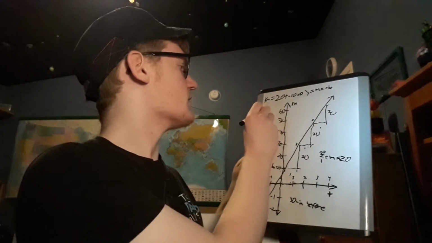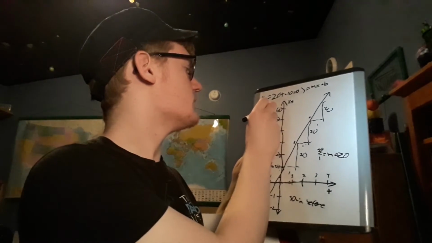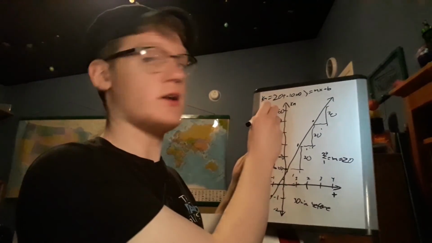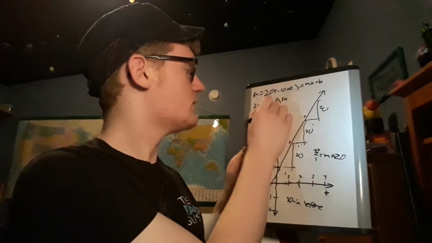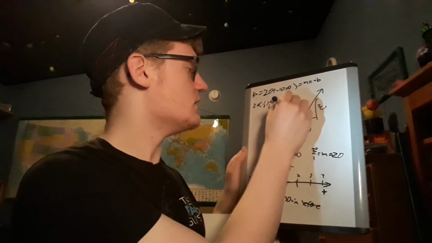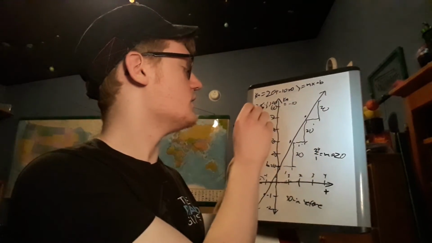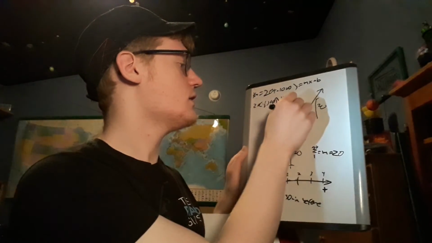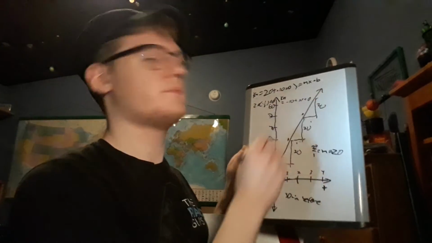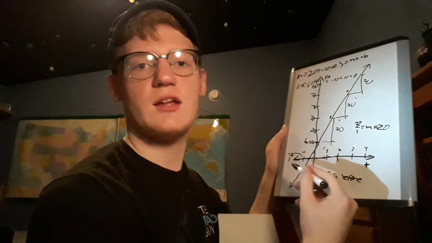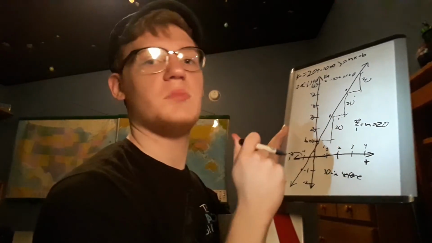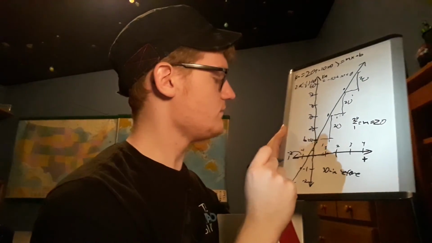So we can plug this in: 20 times negative half an hour ago, that's why the negative is there, plus 10 equals 0. Negative 1/2 of 20 is negative 10, plus 10 equals 0. So half an hour ago, if you started with this kind of setup, you would have been at the place.